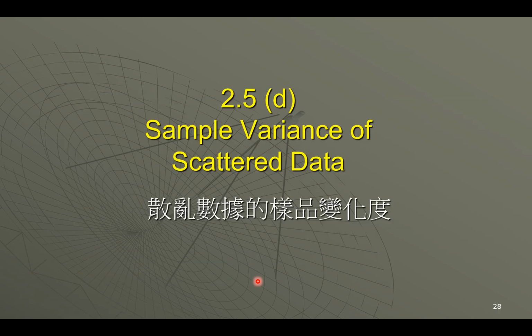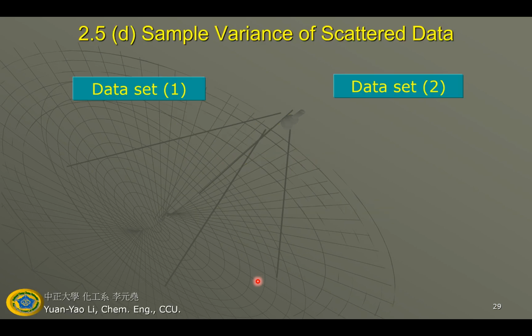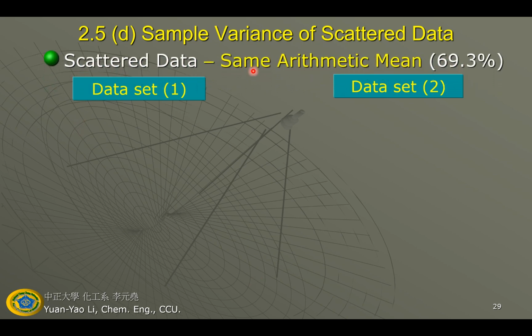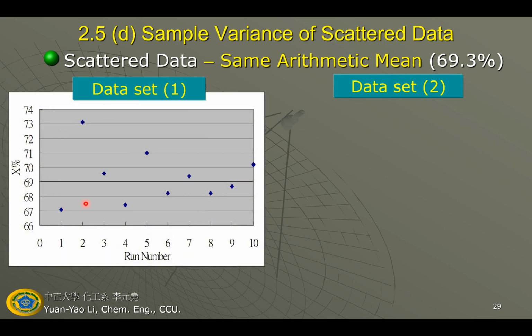Right, so now let's move to 2.5D, sample variance of the scatter data. Now, if we have two groups and we got the same arithmetic mean, the two groups of students got the same arithmetic mean. For group A, data set 1, we got numbers like this, 1, 2, 3, 4, 5, 6, 10 runs.